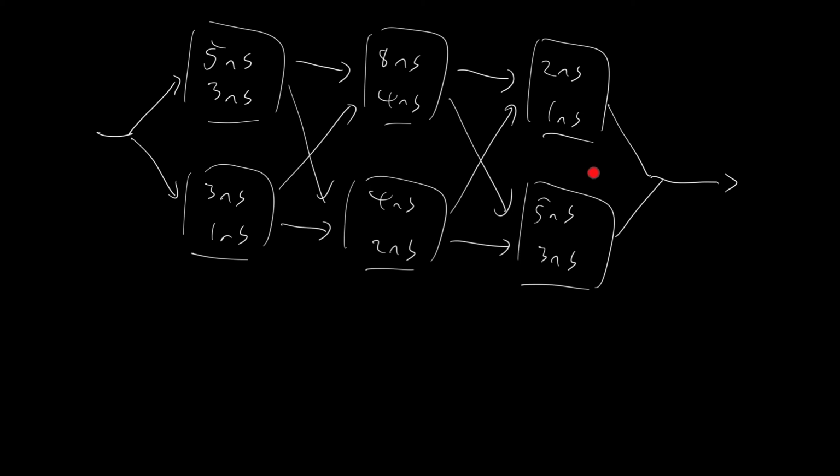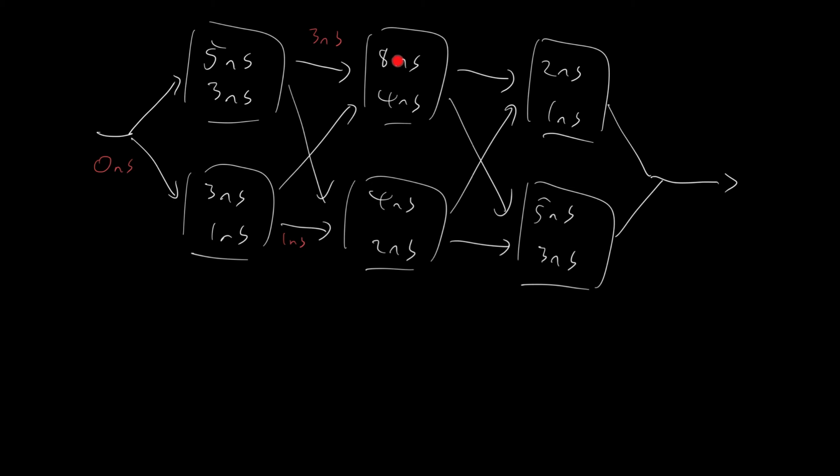But for simpler networks like this, we can do it ourselves by hand. Let's assume the input changes at time t equals 0 nanoseconds. Then after 3 nanoseconds, there's a change at this point. And after 1 nanosecond, there's a change at the output of the lower logic gate.